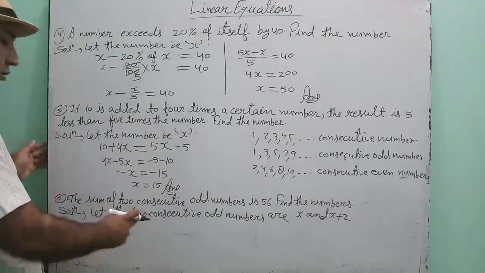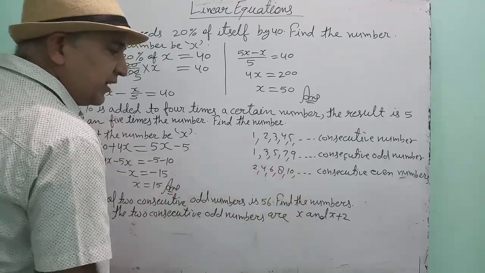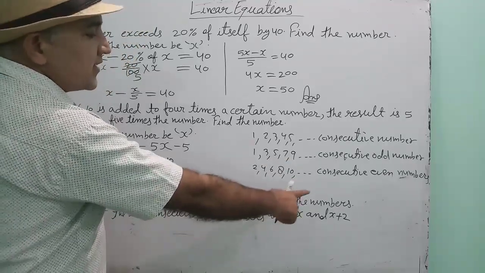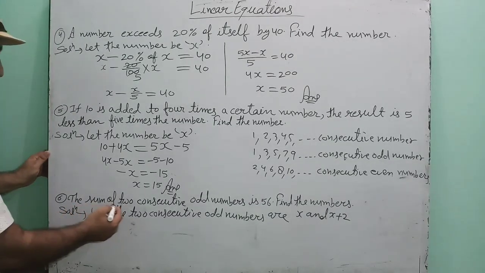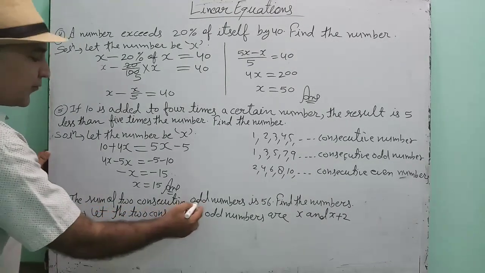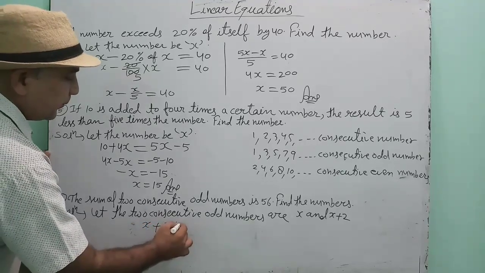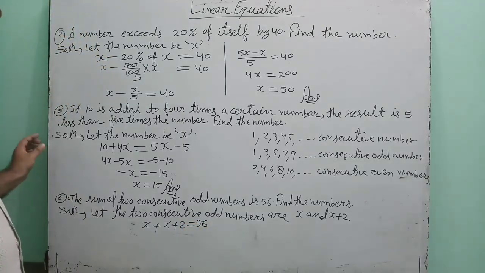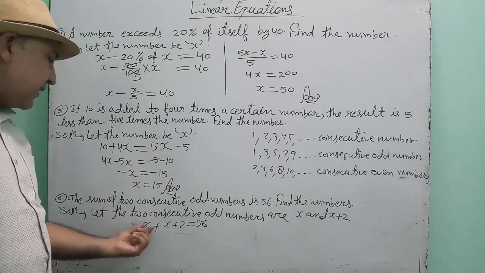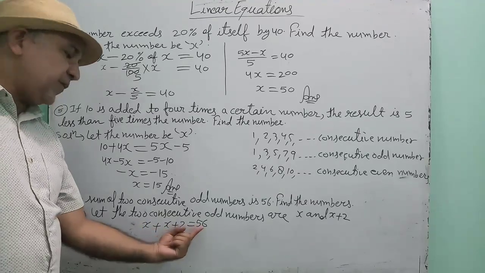That is why whenever you are taking consecutive odd numbers or even numbers, you will take x and x plus 2. Okay? Now see. The question is asking the sum of two consecutive odd numbers, means x plus x plus 2 is equal to 56. First number is x, second number is x plus 2, and the sum of these two is 56.